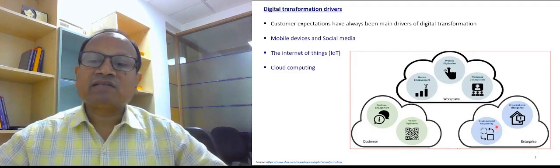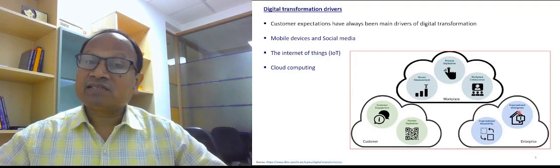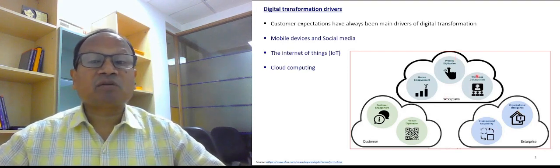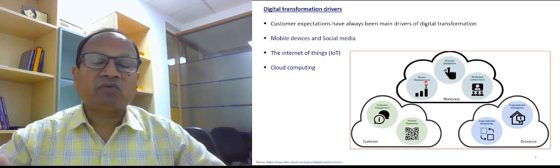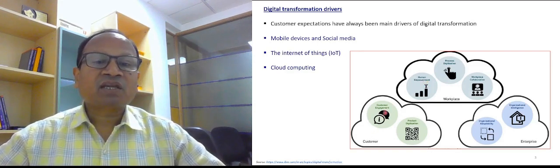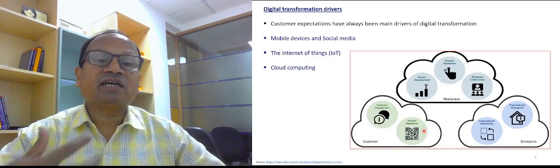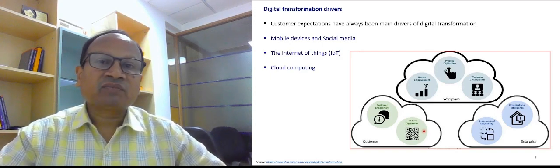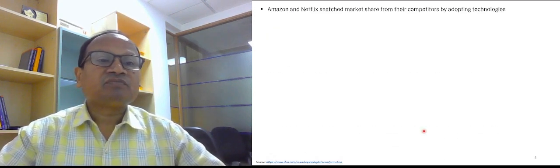Enterprise includes organizational adaptability, organizational intelligence, workplace process digitization, workplace digitization, and human empowerment of the employees who are working. Similarly, there is customer engagement and product digitization. Products have to be digitized so that the customer experience becomes impressive and attractive.